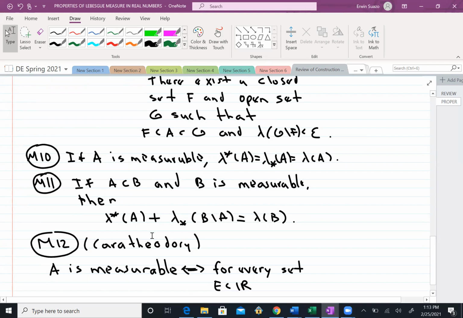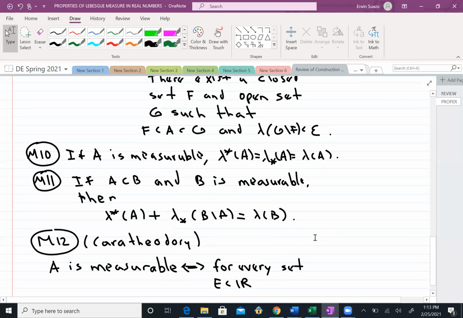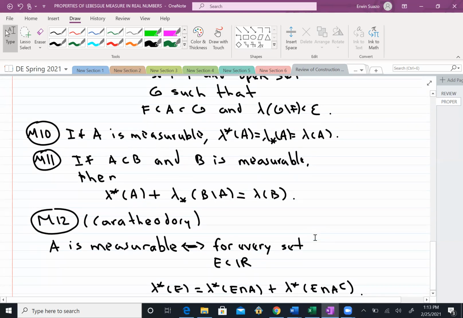Now, this is not that useful for some kinds of problems, but if A is a subset of B and B is measurable, then the outer measure of A plus the inner measure of B minus A equals lambda of B. So maybe for measurable sets it would be useful.